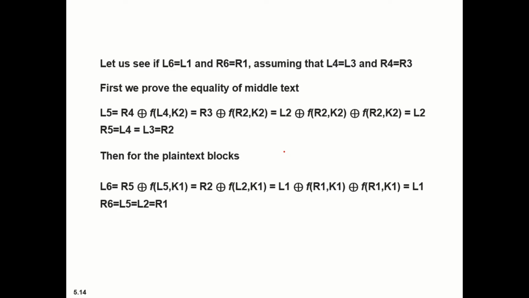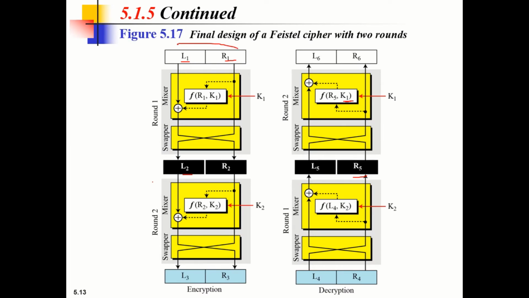Okay. So if we see that L6 and L1 and R6 and R1 are equal, then we say that this plain text and the plain text which we are getting after decrypting it are the same.